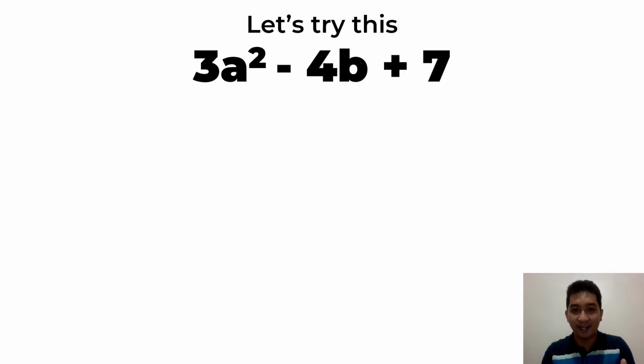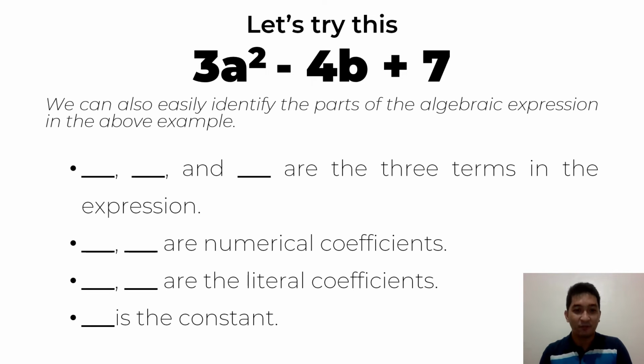Okay, so let's try this one. We have 3a squared minus 4b plus 7. Let's take a look at the parts of this algebraic expression, one by one. Let's go first with the first one. So blank, blank, and blank are the three terms in the expression.